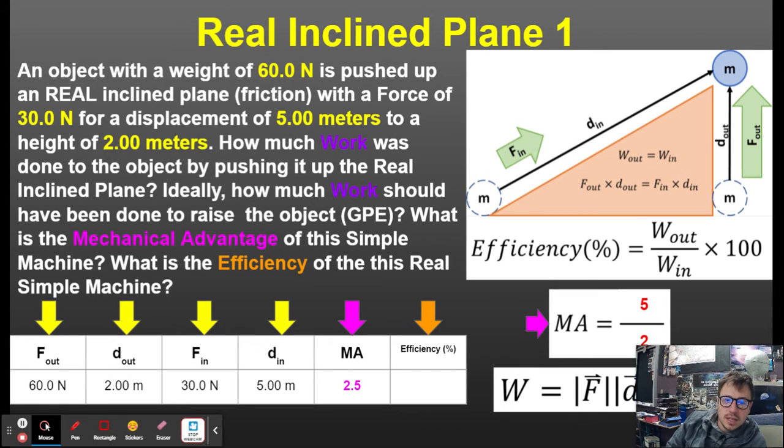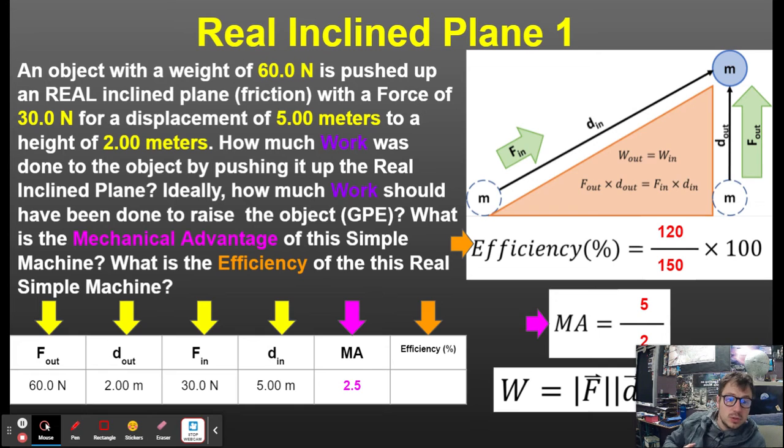All right, so now we can calculate the efficiency, right? So we look at that and we know that the work output is basically, that's it, right? So that's the gravitational potential energy, 60 times 2, which is 120. But notice that the input work, which was 30 times 5, is going to be 150 joules.